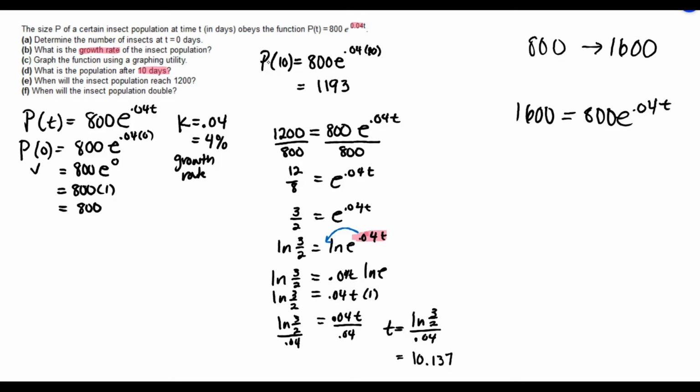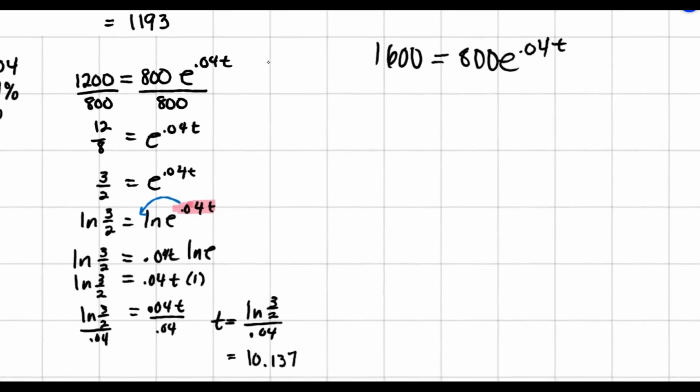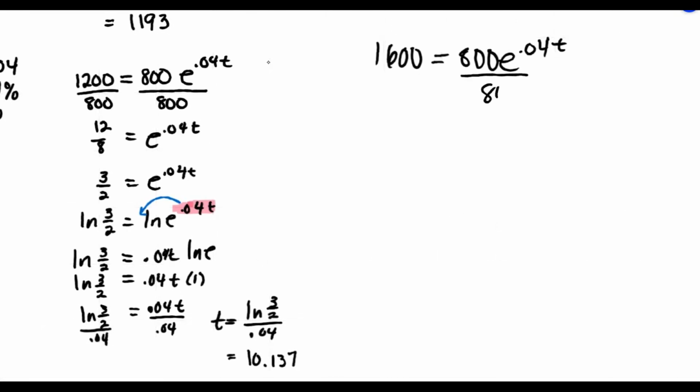I'm going to solve this just like I solved the other one that we just did. I would divide both sides by 800. 1600 over 800 is 2. The 800s cancel on the right, giving me e to the 0.04t. Then I would take the natural log of both sides to solve that exponential equation.